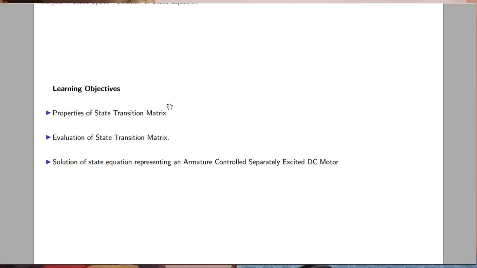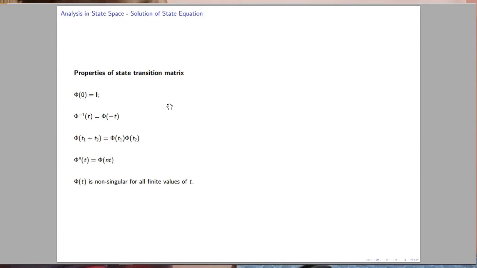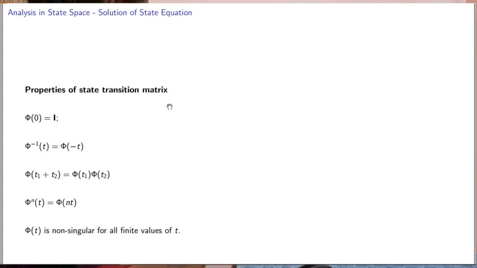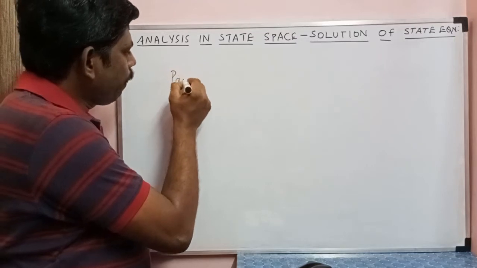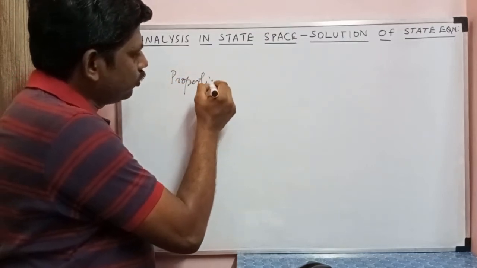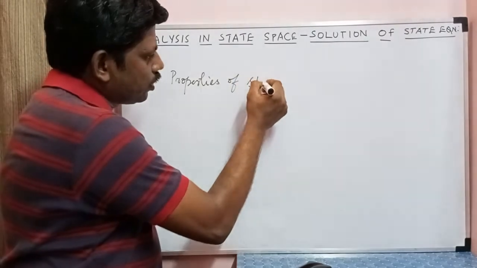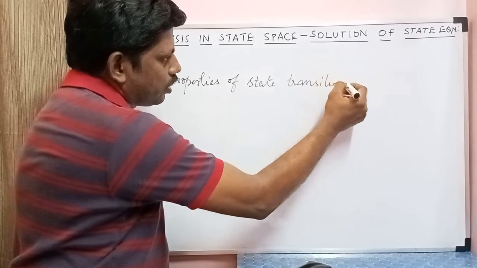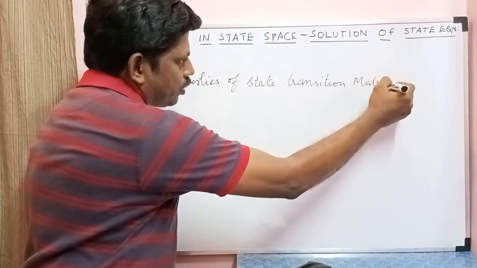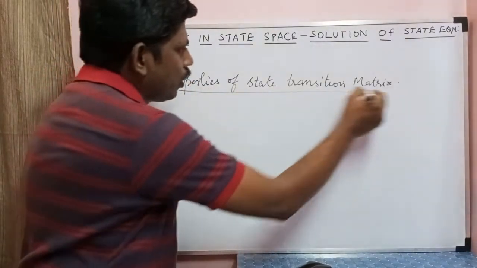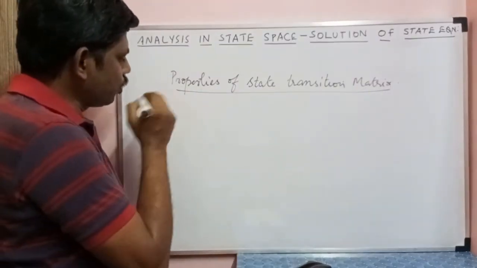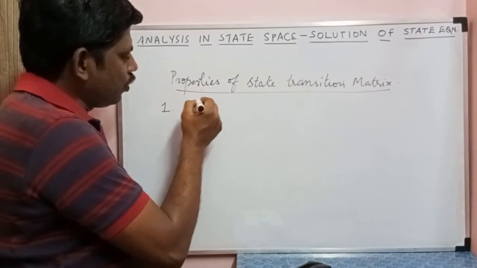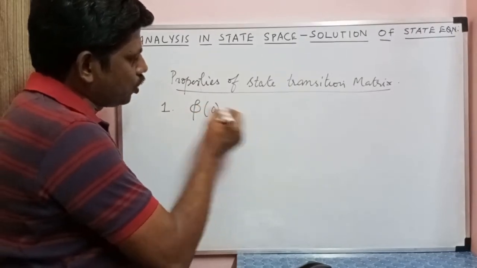Let us take the first topic, that is properties of the state transition matrix. So the first property we are going to look at is phi of 0.